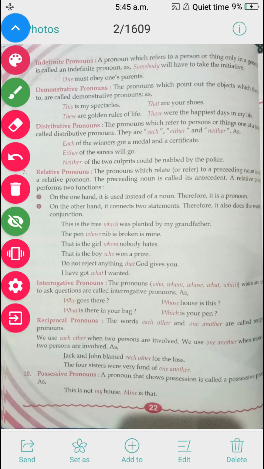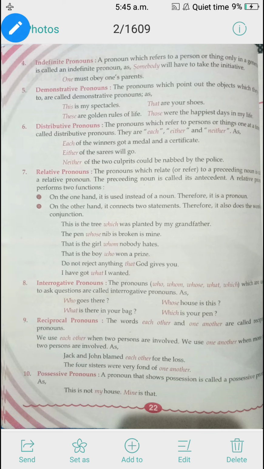Okay, so now just see. Indefinite pronoun. Indefinite pronoun means where we use something which is not definite.